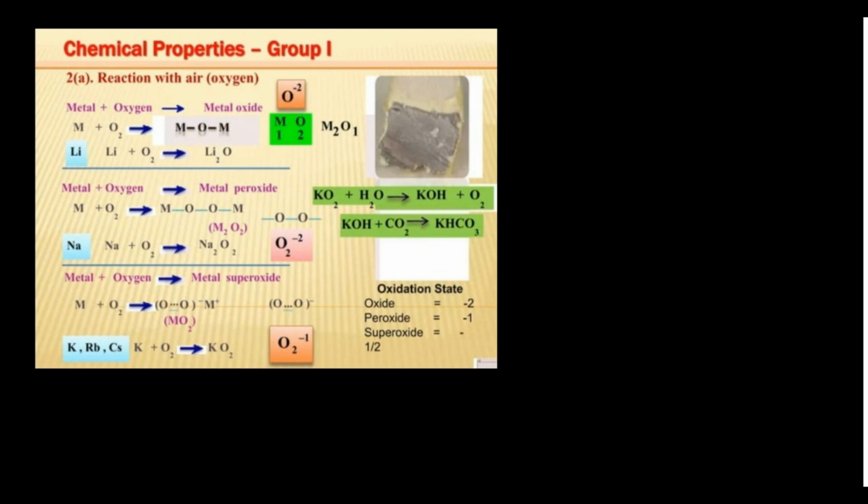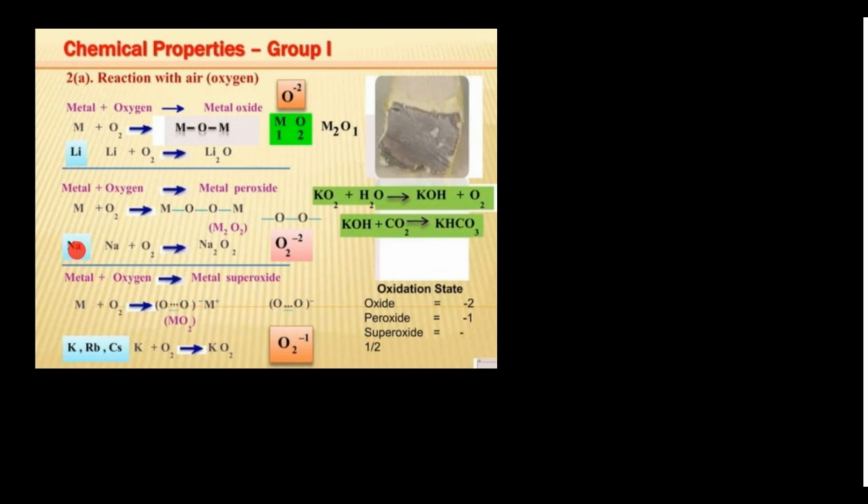Lithium reacts with this and produces lithium oxide. It is a monooxide, please remember, with O2- present, simple lithium monooxide.